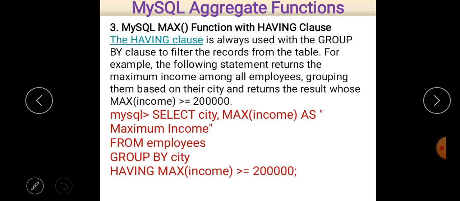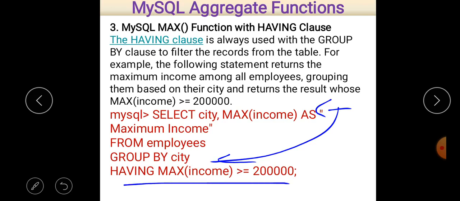Now suppose all things are the same as in the previous case, but there is another condition: maximum income should be greater than 2 lakh. So what should be done here? We write the having clause and just write having max income is greater than or equal to 2 lakhs.